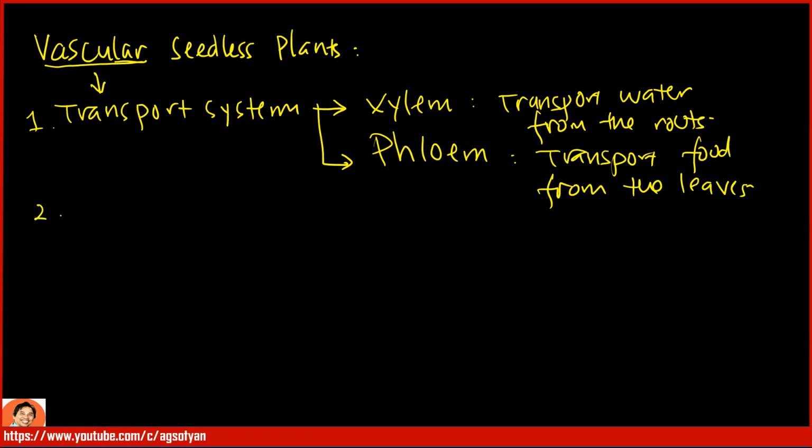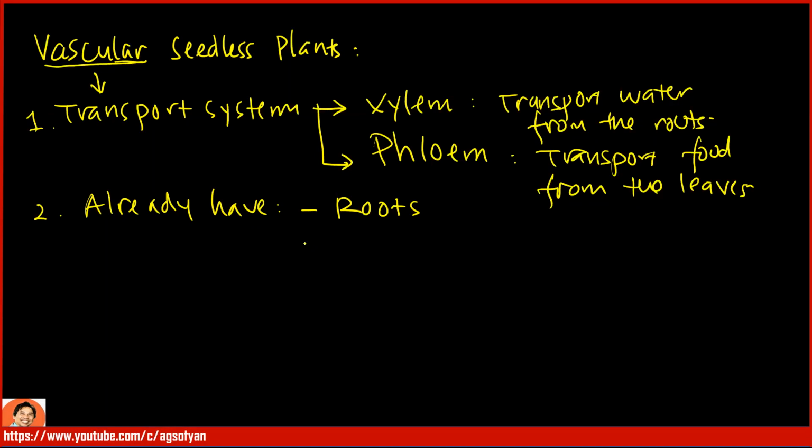These vascular plants already have roots. Remember, the non-vascular plants do not have roots yet. They have what we call rhizoids.